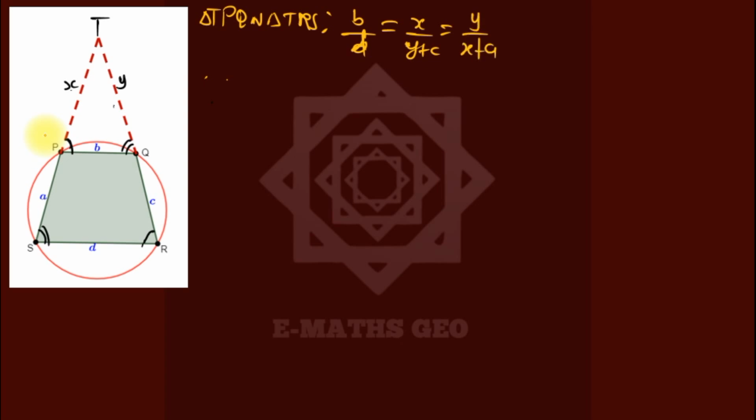So with that, we can form equations. We cross multiply and we see that dx is equal to by plus bc, and also dy is equal to bx plus ba.